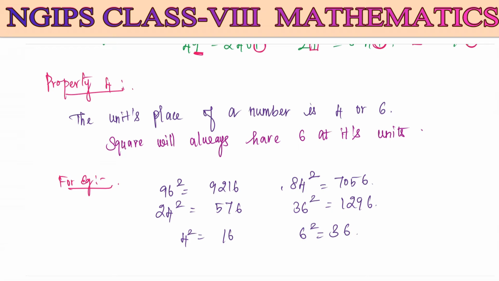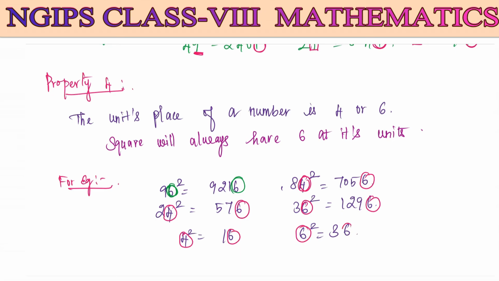Now if you look at the unit place, when you have 6, the square ends in 6. When you have 4, it is 6.